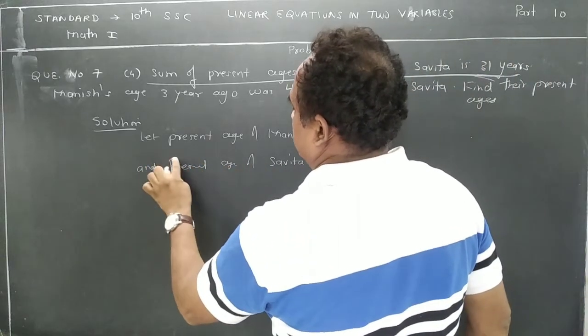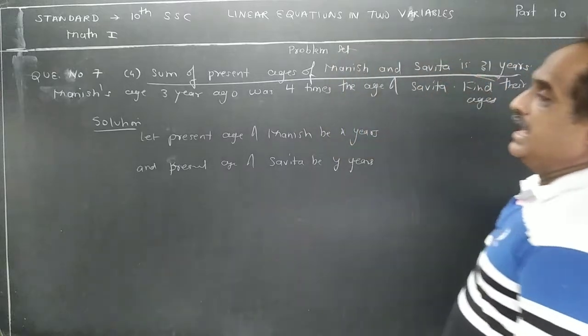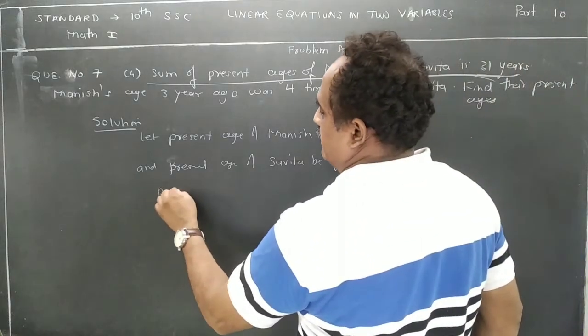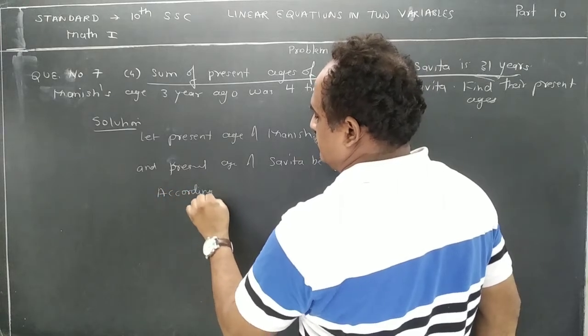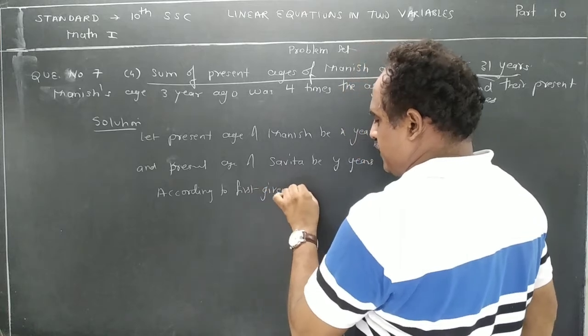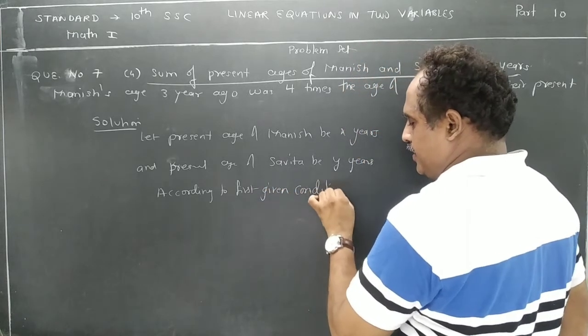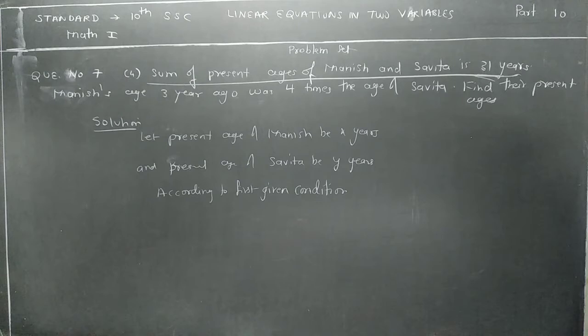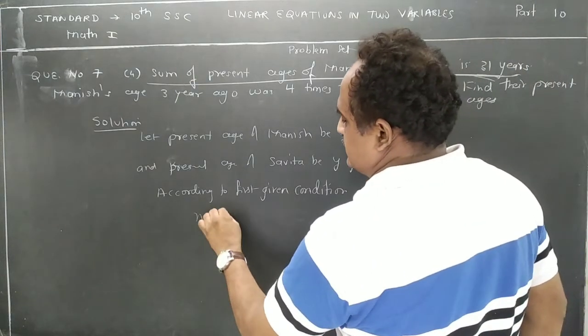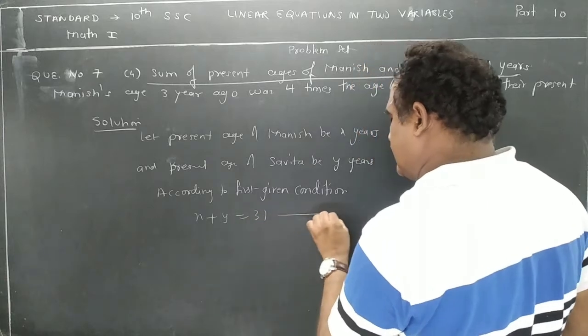Okay. So see the first condition. What are you going to write according to the first given condition? The sum of the present ages of Manisha and Savita is 31, so x plus y is equal to 31, and take this as equation 1.